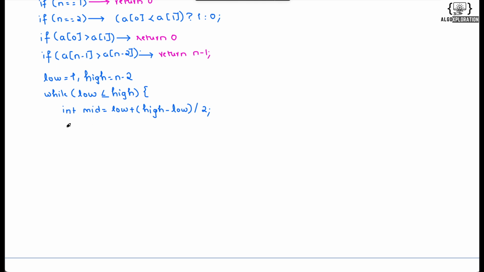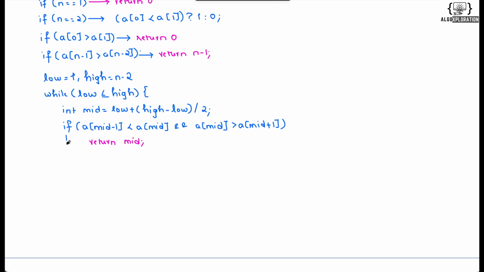Now after finding the mid, we need to check if a of mid minus 1 is lesser than a of mid and a of mid is greater than a of mid plus 1. If this is the case, then we found our peak, which is mid only, so we have to return mid.